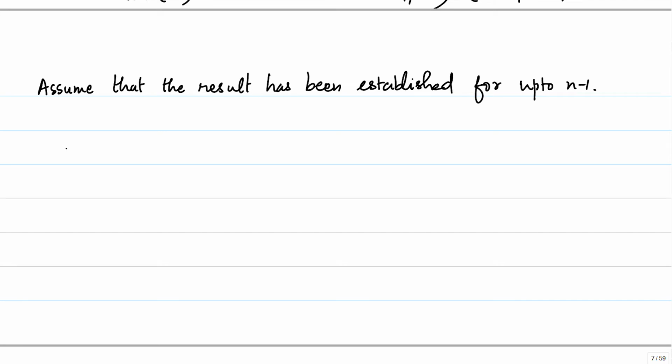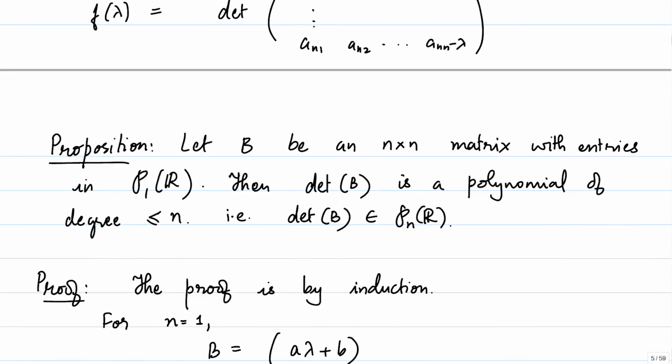So let B be something like B11, B12, B1n, Bn1 to Bnn. Notice that now each of these Bij's are in P1 of R. So they are polynomials of degree less than or equal to 1.